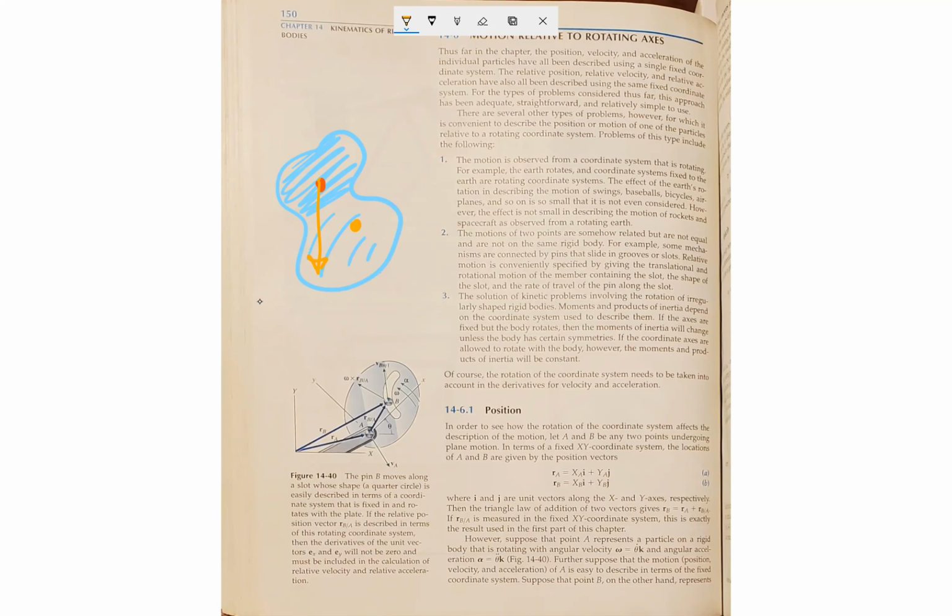Okay, so to me, the first example in this is the more relevant if you're interested in space travel, or maybe even travel in water where there's a current or something like that.